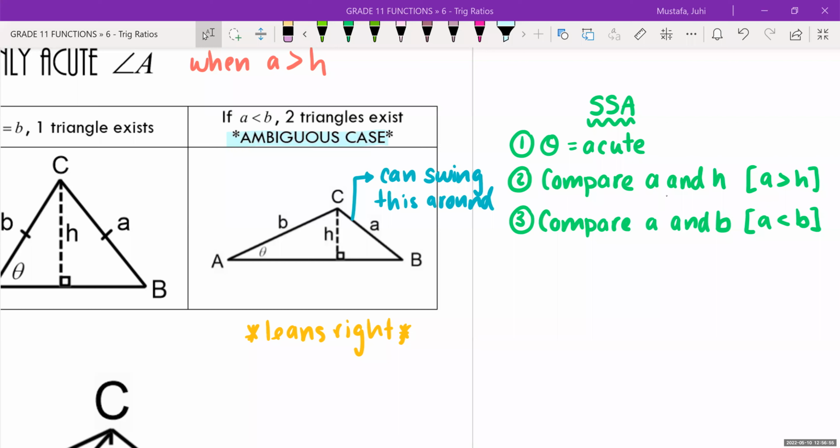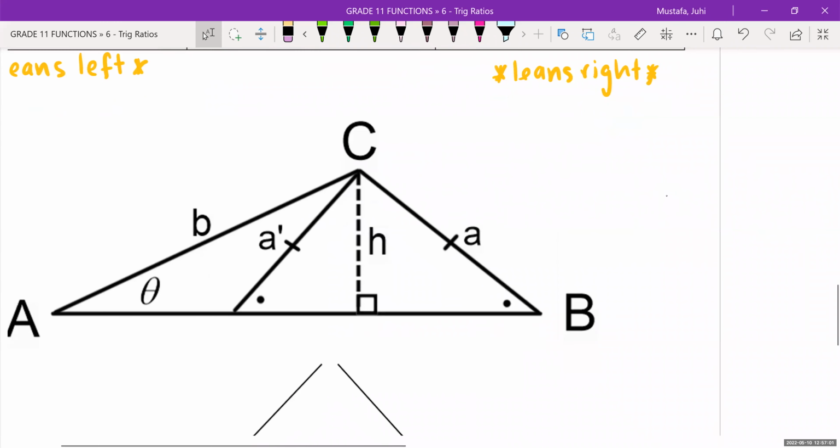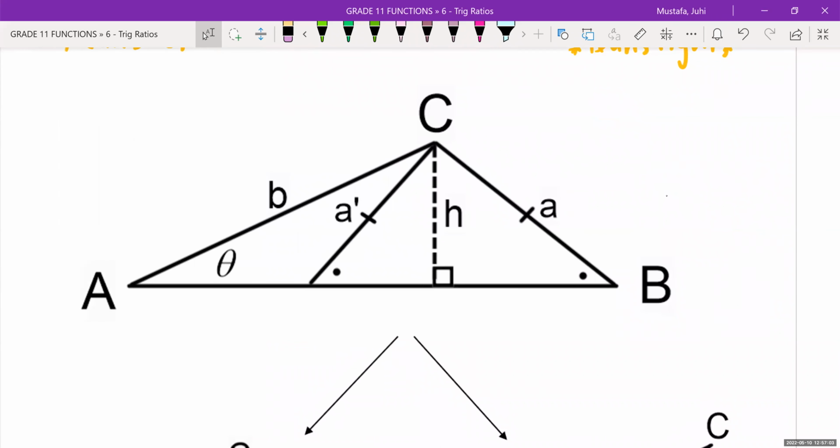Okay, so let's say all of the three rules are now true, and you end up with an ambiguous case. How exactly are you going to draw your two triangles? So like I said, side length A over here can swing to the other side, and that's what's going to give you your new side length. Whenever we're talking about a new side length or a new angle, we call it a prime. So we're going to call it A prime, just to show that it's part of the new triangle.